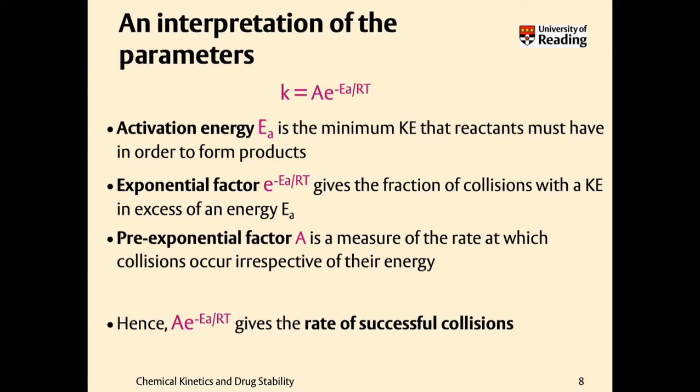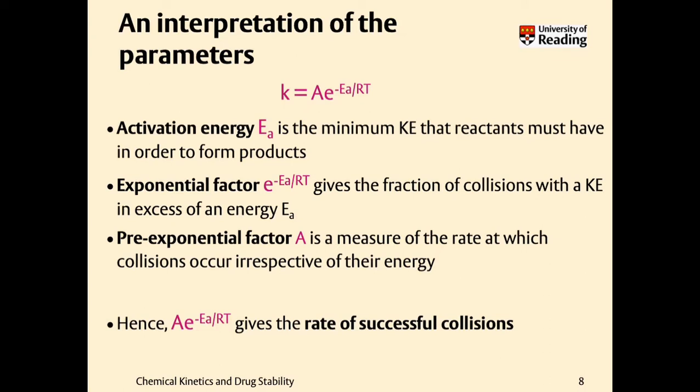So you can think of A as how fast collisions occur, the total number of collisions, and then the exponential factor will account for the proportion of those collisions that actually have enough energy for reaction to occur.